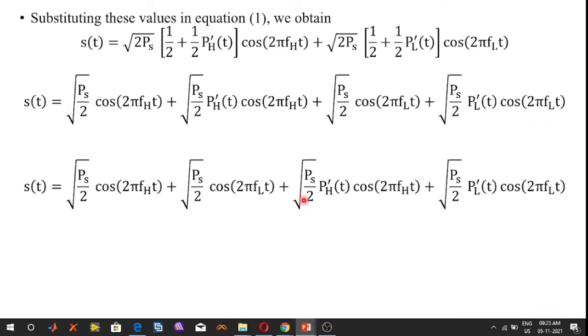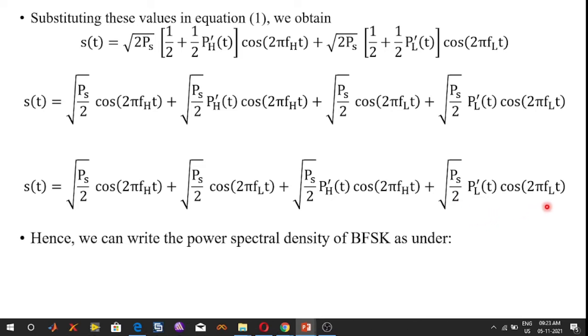So the RHS of this equation is also arranged as square root of Ps by 2 cos of 2 pi fh t plus square root of Ps by 2 cos of 2 pi fl t plus square root of Ps by 2 ph dash of t cos of 2 pi fh t plus square root of Ps by 2 pl dash of t cos of 2 pi fl t.